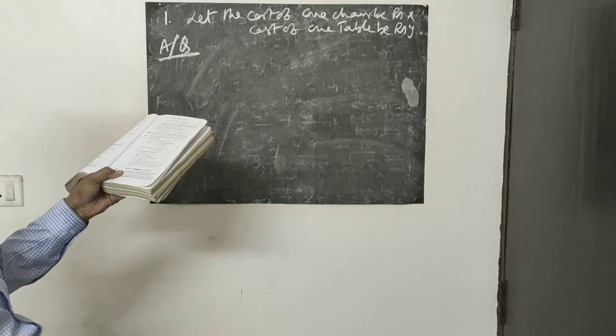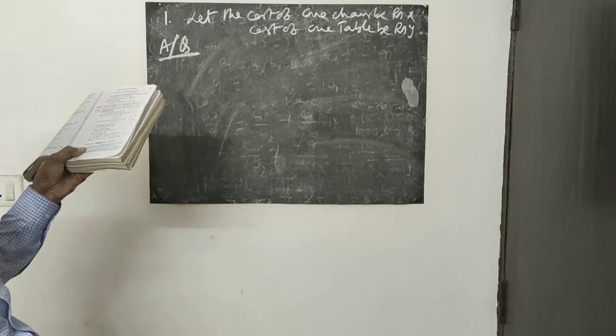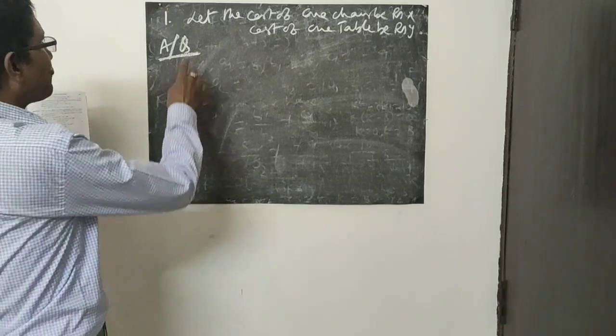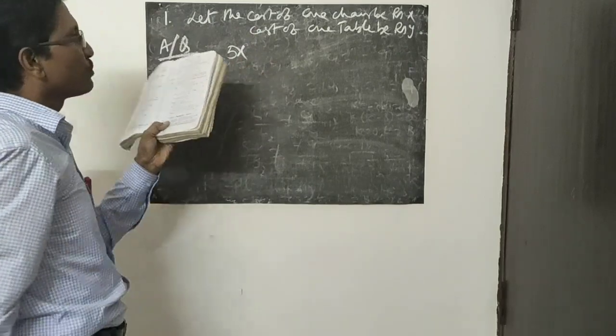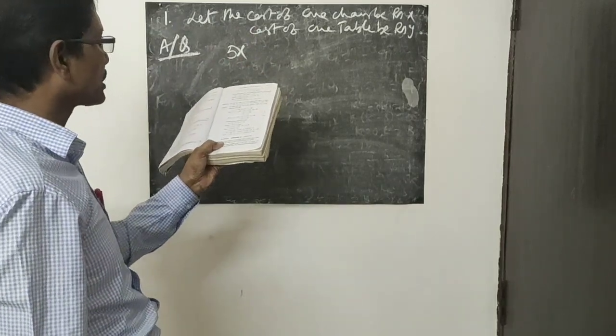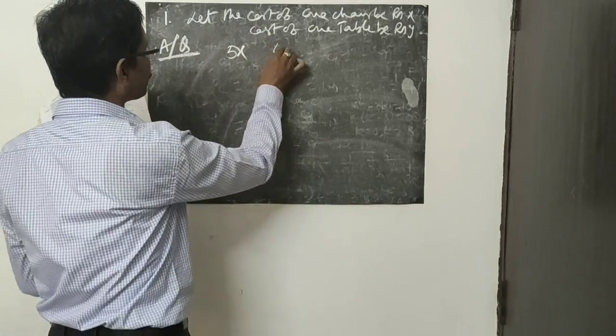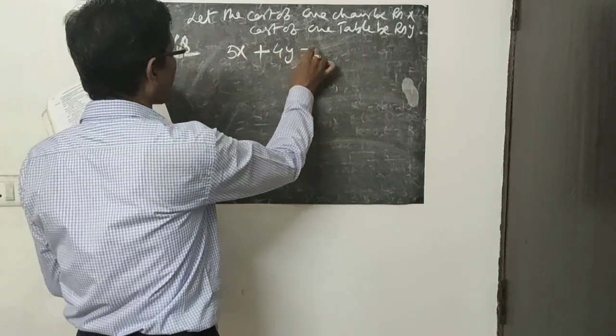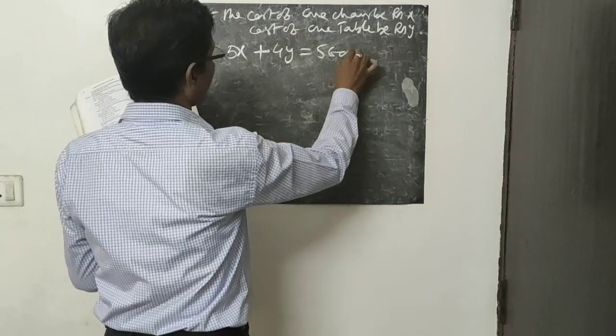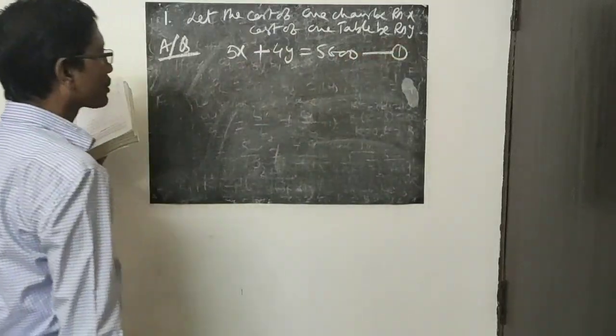First condition: 5 chairs and 4 tables. One chair costs rupees x, so 5 chairs cost 5x. One table costs y, so 4 tables cost 4y. Together means plus, their total cost is equal to 5,600. That is equation number 1.